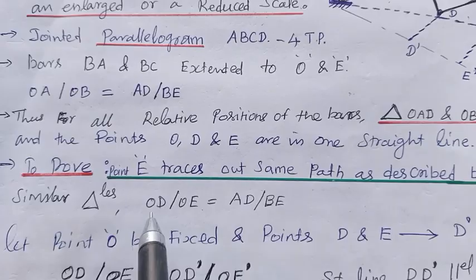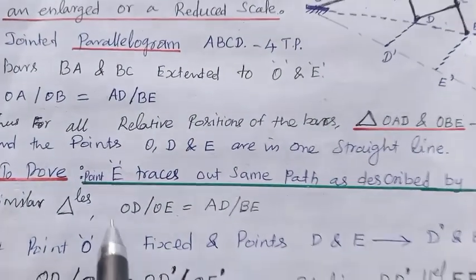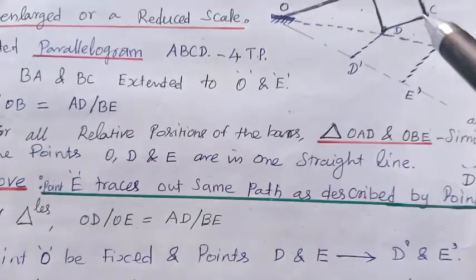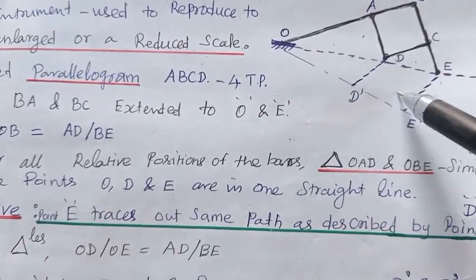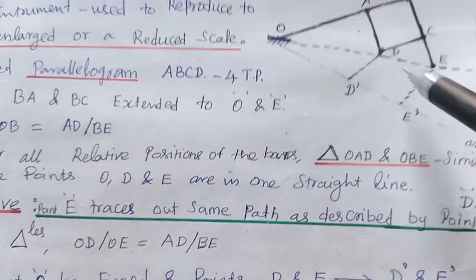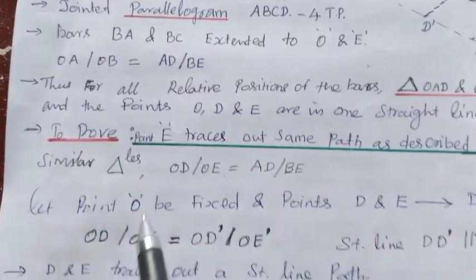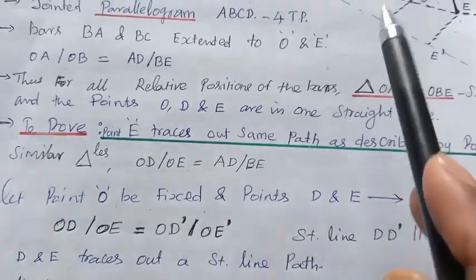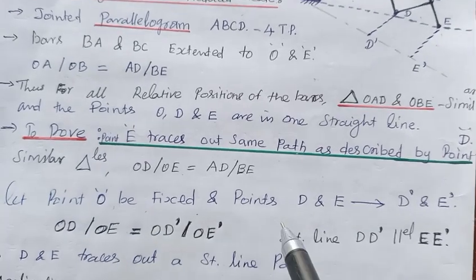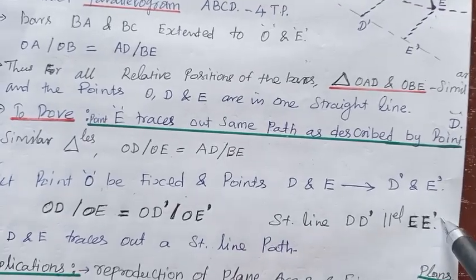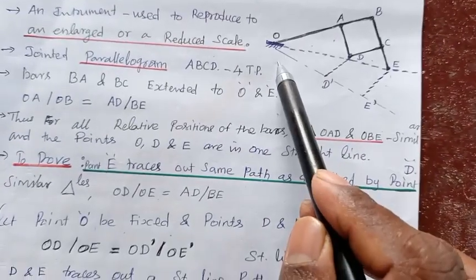Here the similar triangles are OAD and OBE. So OD by OE equals AD by BE. Let O be a fixed point.